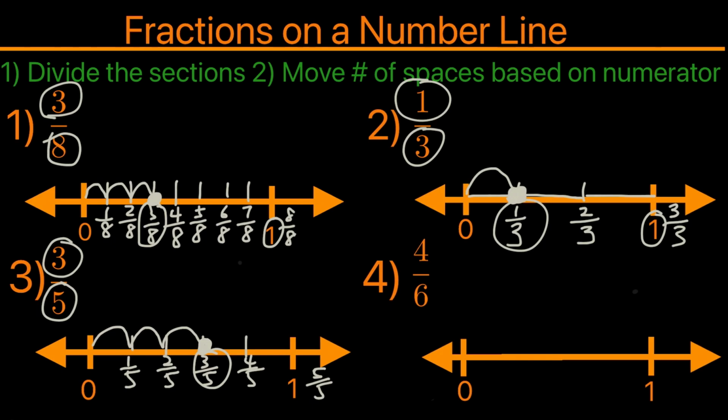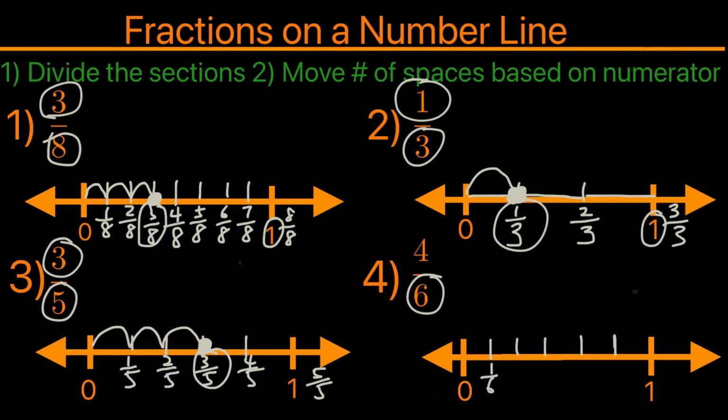So the dividing of sections will get easier the more that you practice. And let's move on to the fourth example, where we have 4/6. With 6 sections, which we're going to divide, it will look something like this: 1, 2, 3, 4, 5.